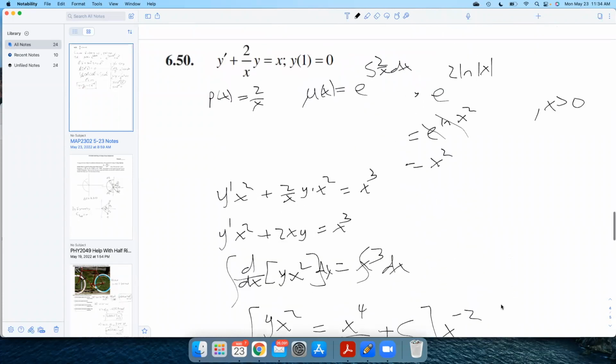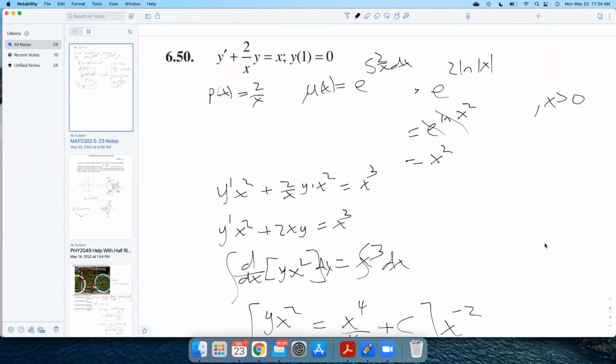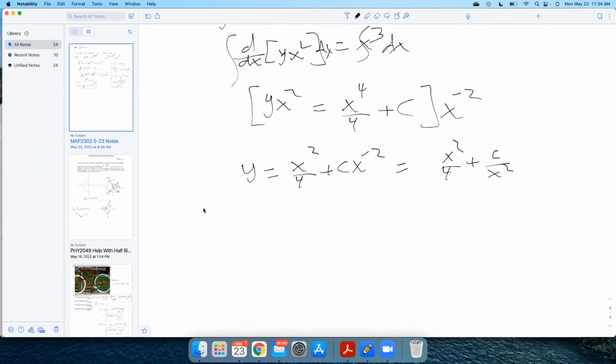And then this is an IVP, y of 1 equals 0. So let's solve for c. So remember, that's an x. That's y. So what do we get? 0 equals 1/4 plus c. So c equals -1/4.